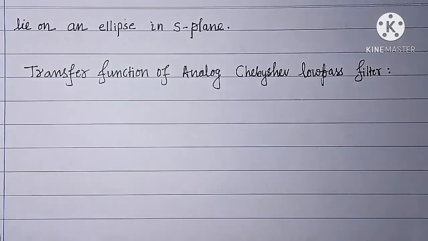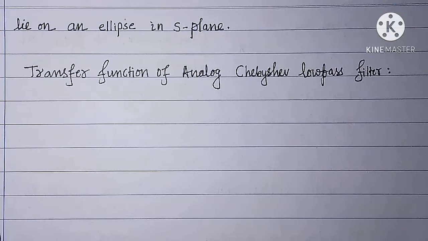Actually, for the transfer function of an analog system, 2n poles are there. Out of that 2n poles, n number of poles will be there on LHP of S plane and remaining n number of poles will be on RHP of S plane.